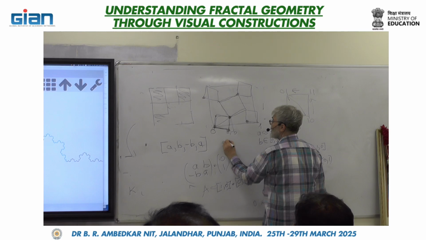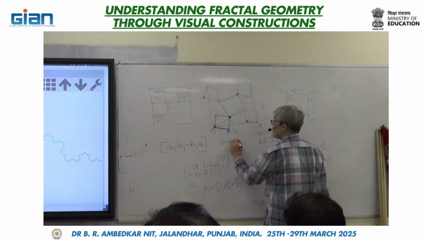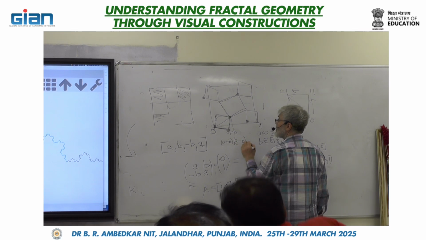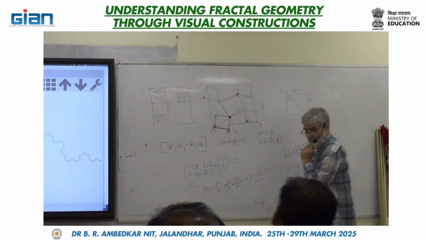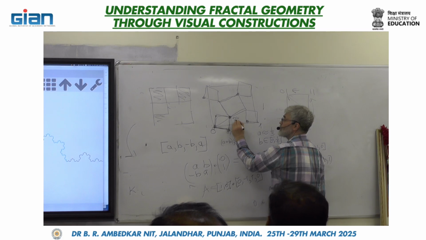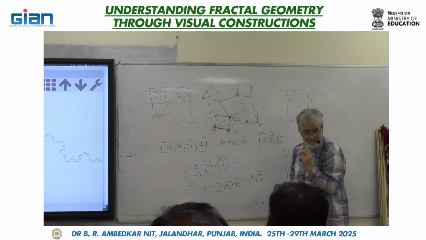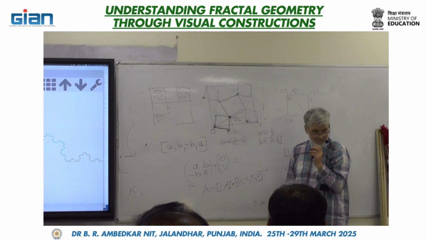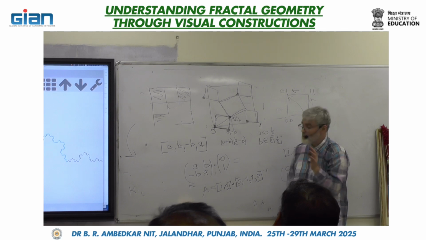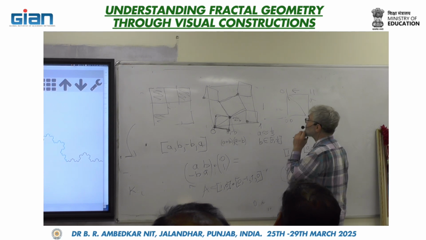So it will be A plus B, A minus B, right? This vector is A plus B, A minus B. Do you agree? Okay, it's okay. A minus B.